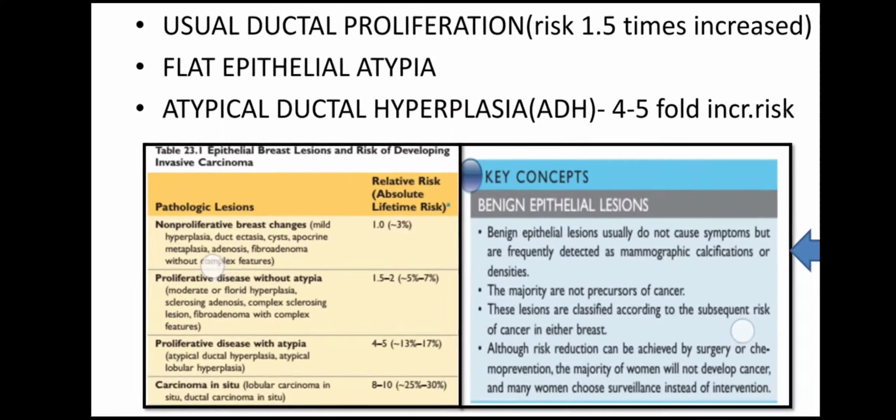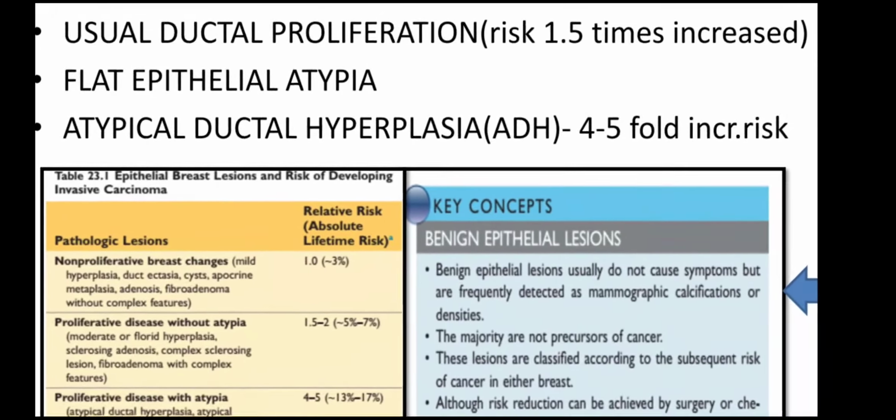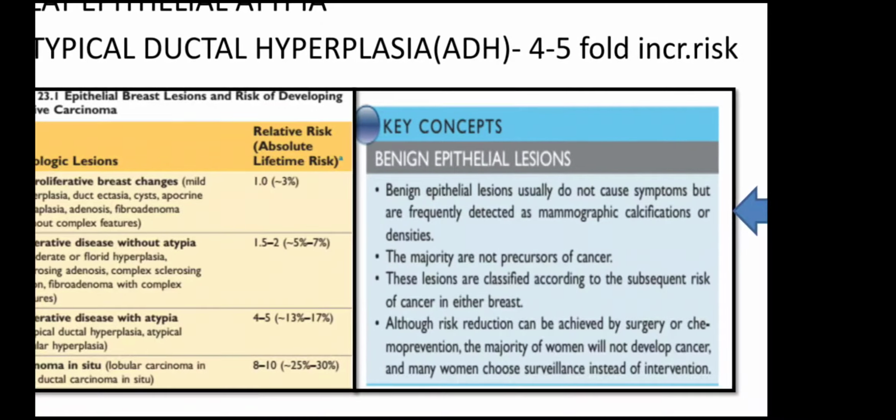Now the important points about the benign epithelial lesions are that they usually do not cause symptoms, so they will not generally present clinically with a breast lump, but frequently they are detected on mammography in the form of calcification or density. So mostly they are an incidental finding. Then the majority are not precursors of cancer, but they can progress to carcinoma breast, and these are the various risks.